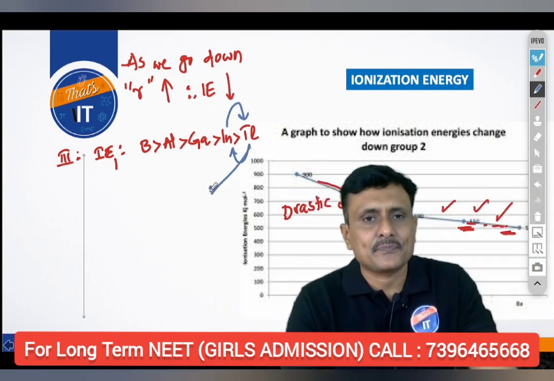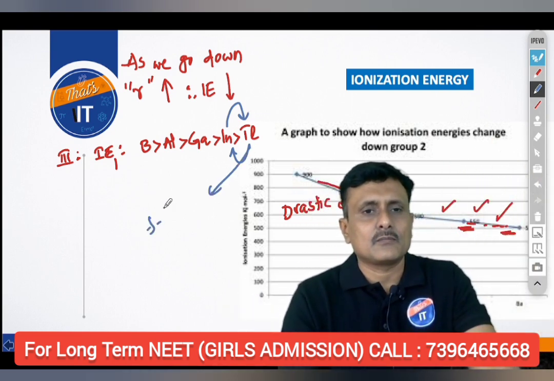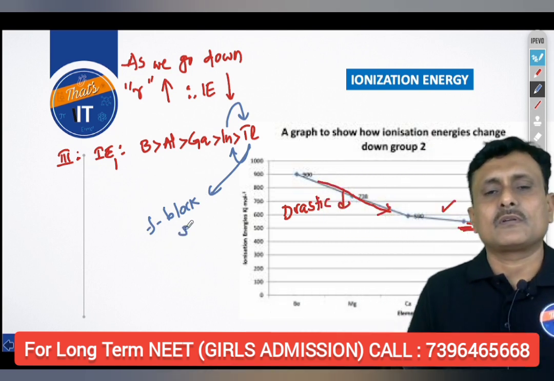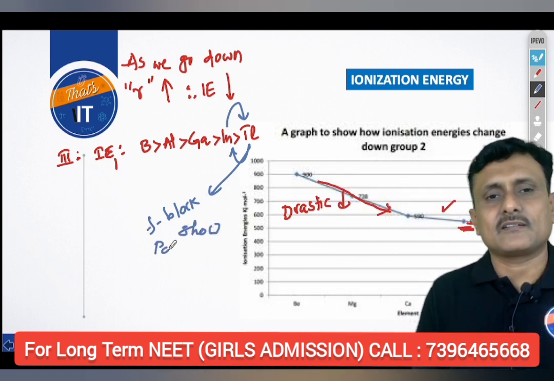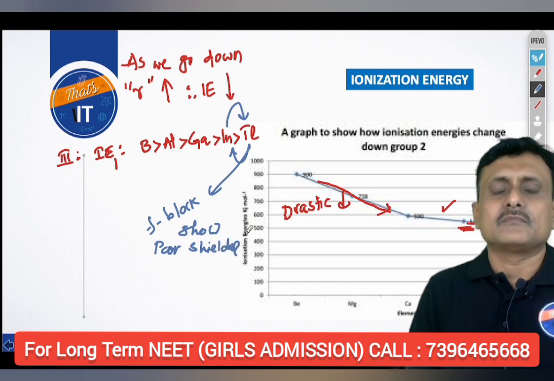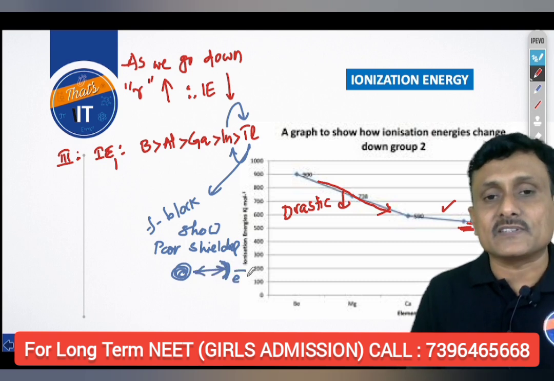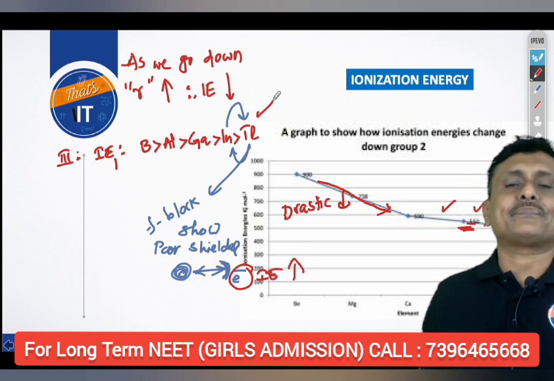In this case, the F block elements show poor shielding. Therefore, the nucleus will have more attraction on the valence electron. So it's not so easy to remove this electron. So ionization energy increases for thallium.